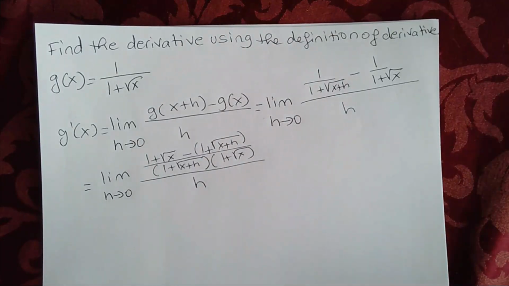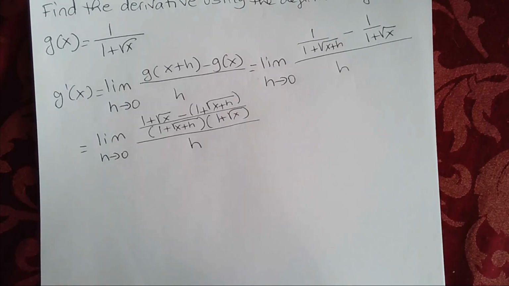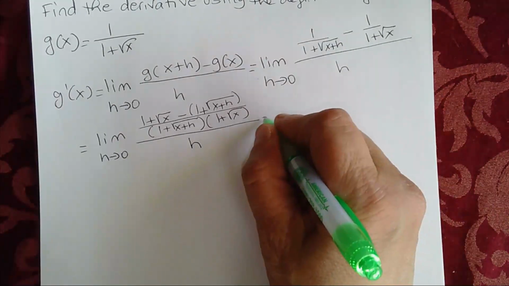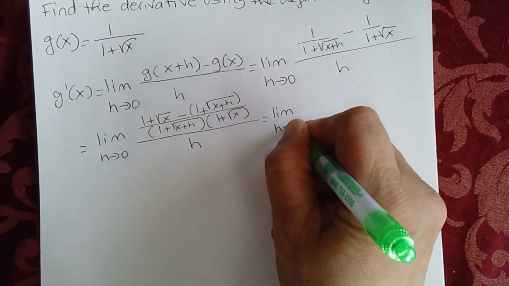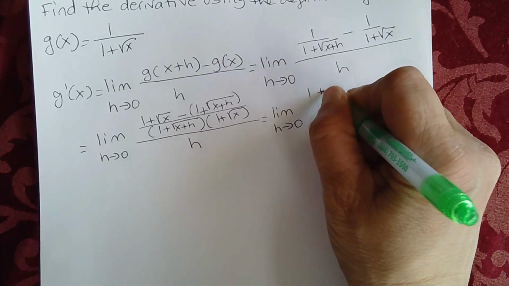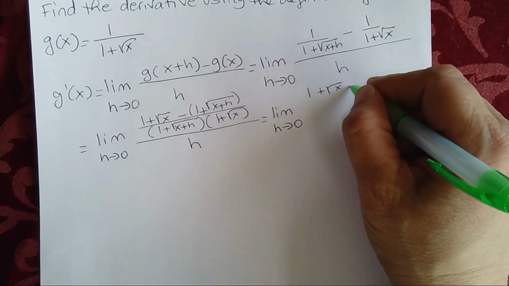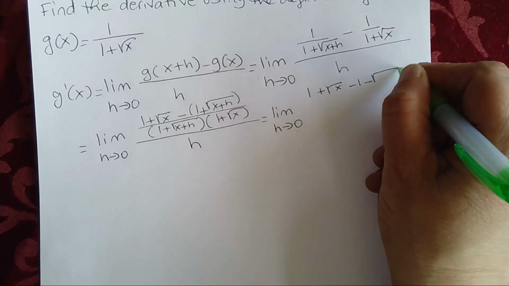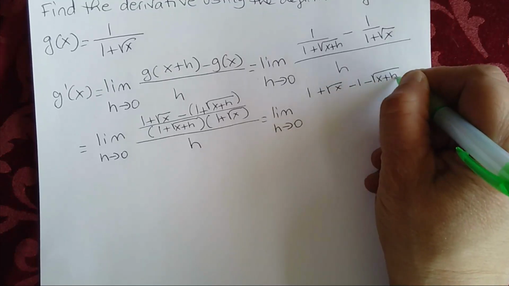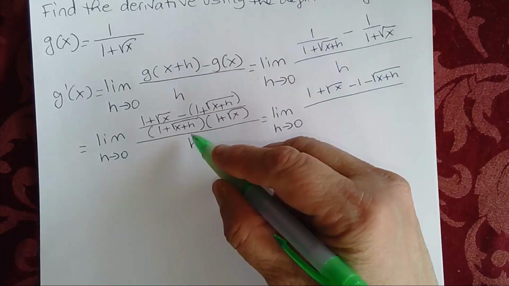Okay, now let's go ahead and simplify this. So this is equal to the limit as h approaches 0 of 1 plus square root of x. So you distribute the negative here, negative 1 minus square root of x plus h, divided by, so here you're going to get this times this times this, right?